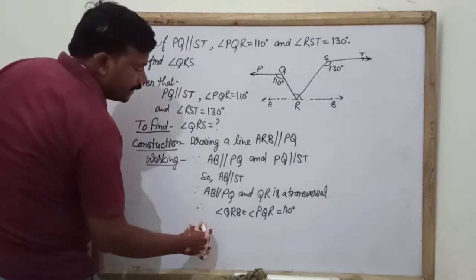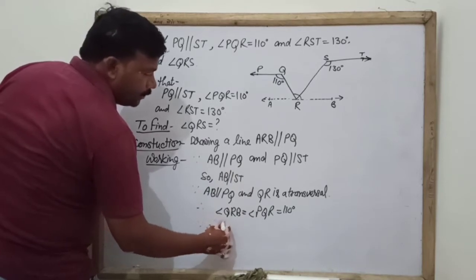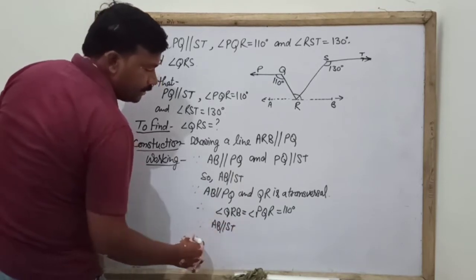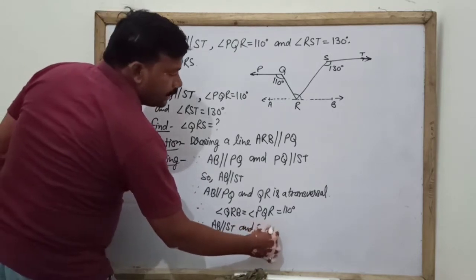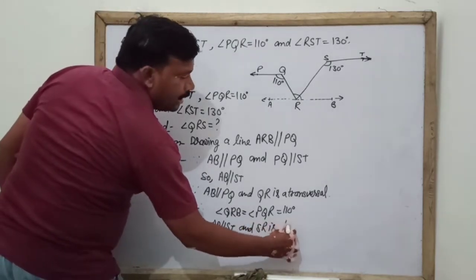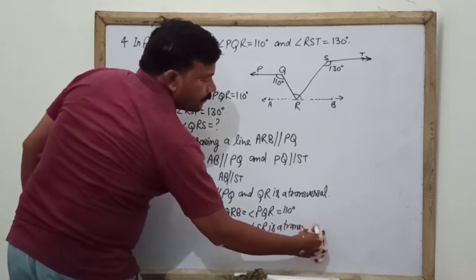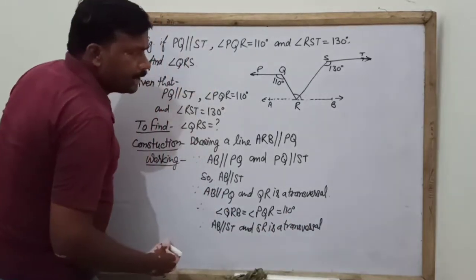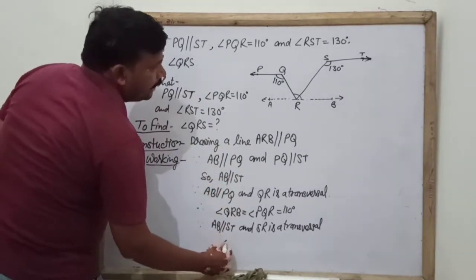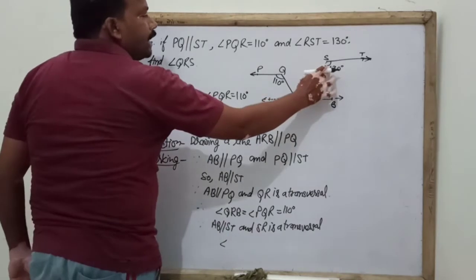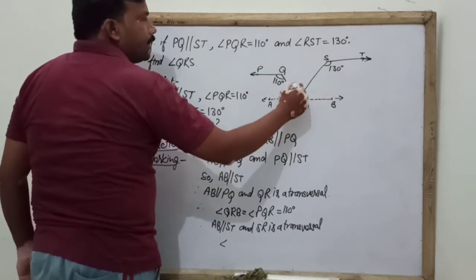Another statement, since we have found that AB parallel to ST and SR is a transversal, then what can we write here? We can write that this angle equal to this angle.